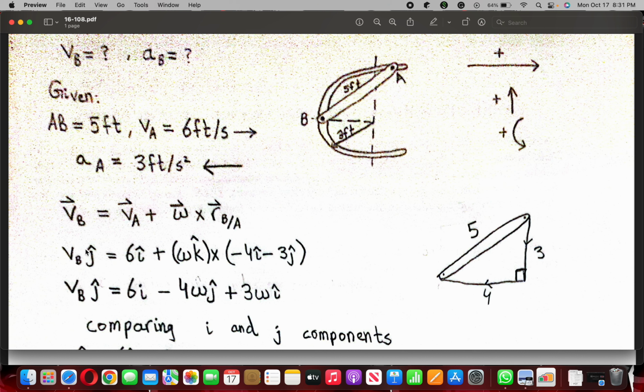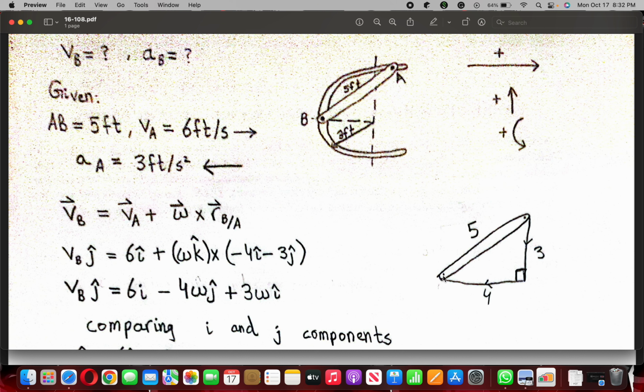Omega has direction k, and we multiply it by R, B relative to A. We are coming from A downwards and then towards the left to B, so we can draw this triangle.